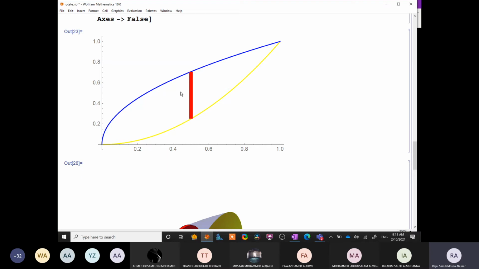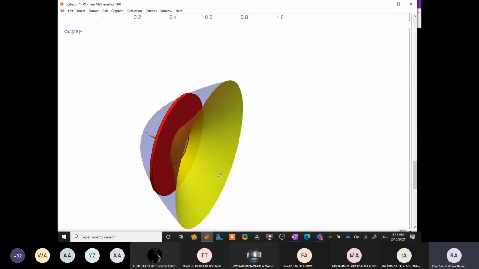The minute you are able to calculate the volume of one of these, you are done. You've killed the problem. The samples will go vertically from 0 until they reach 1, because we are calculating the sample position in the x direction, correct? And then if you do the rotation, this is what you get.